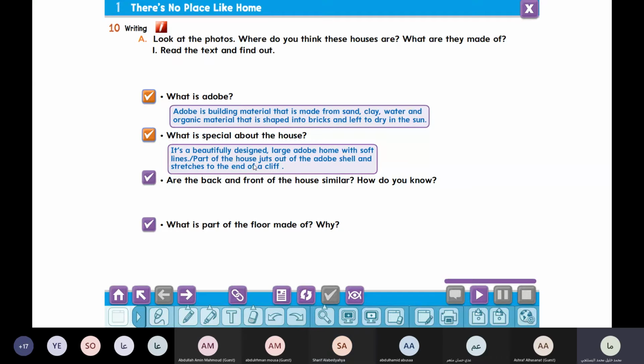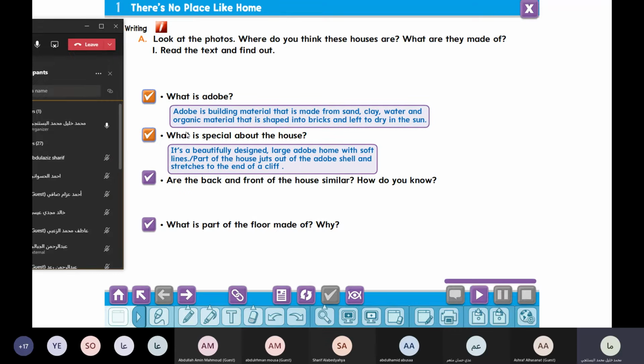Good. So also here the answers will vary from one to another. Thank you very much. Also here we have another answer. It is a beautifully designed large Adobe home with soft lines. Part of the house juts out of the Adobe shell and stretches to the end of a cliff.